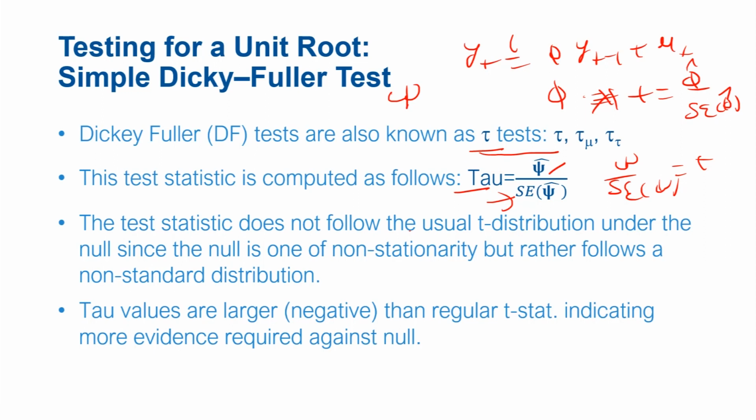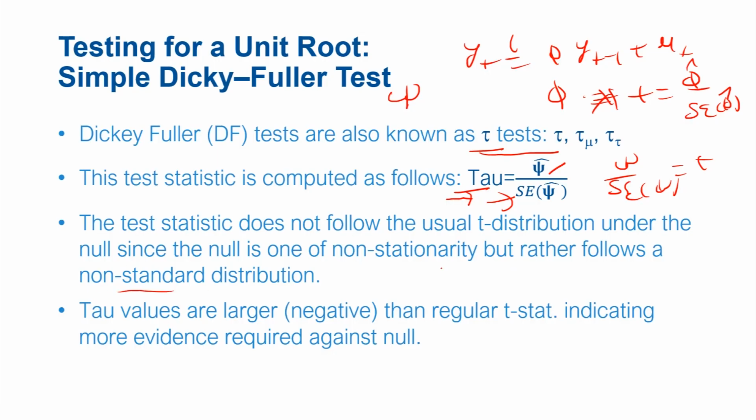That means it requires more evidence. If you study more about the t distribution and evidence in models, you will find that tau being higher reflects that more evidence is required to reject the null. So these tau are rather non-standard, unlike the conventional standard t distribution.